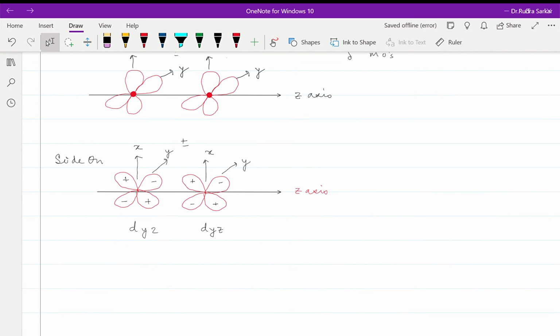All right. So here again, by the combination of bonding and antibonding, we will have pi and pi star MOs.